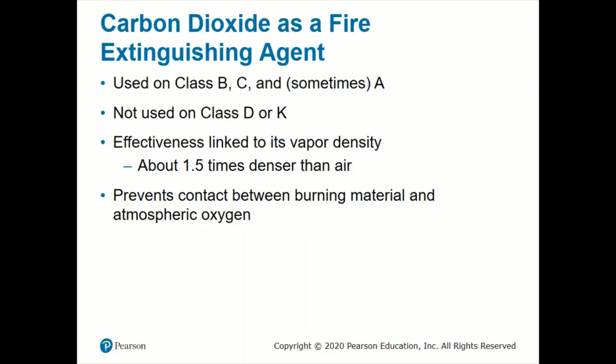So this is especially effective for Class B and for Class C fires. We generally don't see them for Class A fires. And the reason we don't see them used for Class A fires very often is because, well, they're not that good at it. If we think about what Class A fires are, again, we're talking about materials that are ashy as they burn.